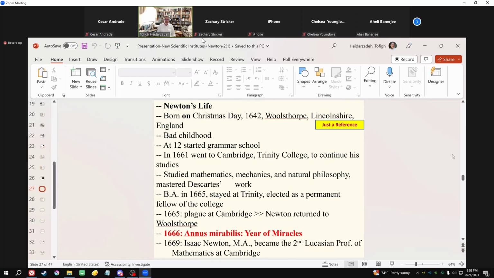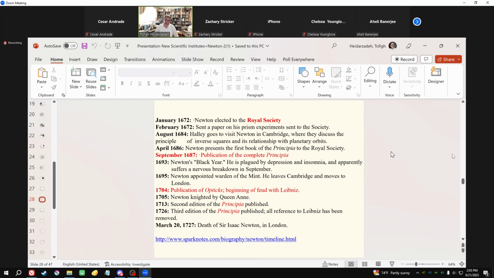He became a member of the Royal Society later, after the invention of a kind of telescope. We're going to talk about it in a short time. And then he wrote two major books which were influential in the history of science and the history of humankind in general.